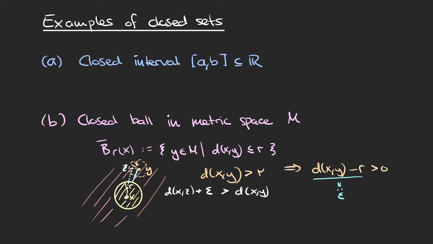Now we can subtract epsilon on both sides of this inequality. So we do minus epsilon on this side and get rid of the epsilon on this side.